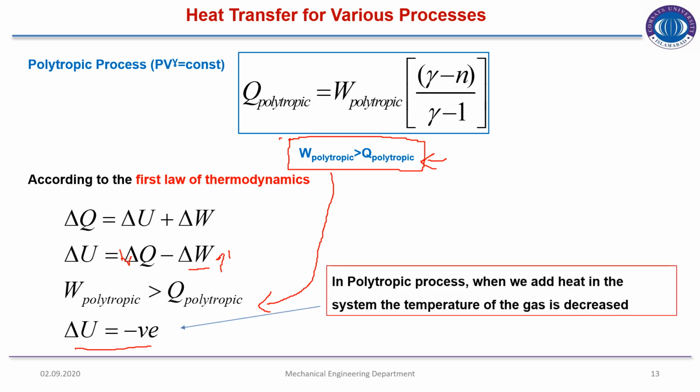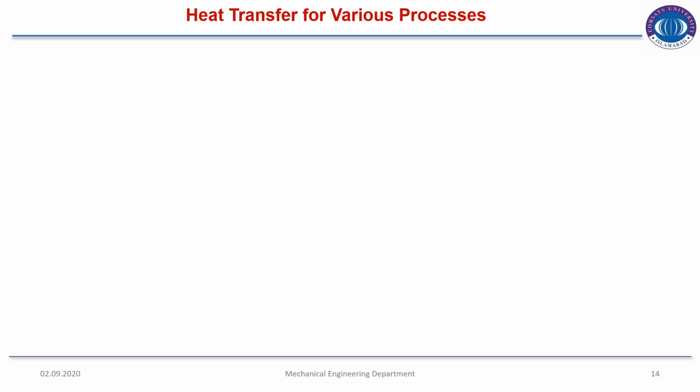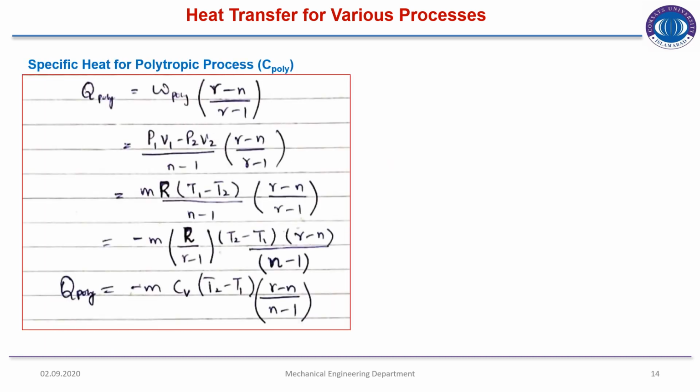In polytropic process, when we add heat to the system, the temperature of the gas decreases. Now we have to find an expression for specific heat for polytropic process, which is represented by C poly.